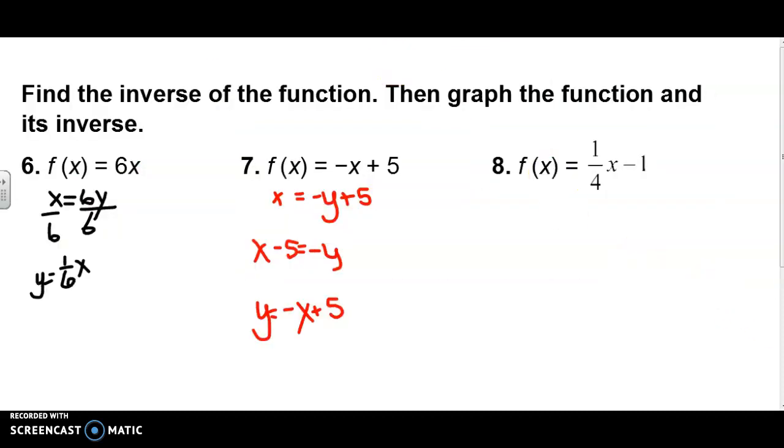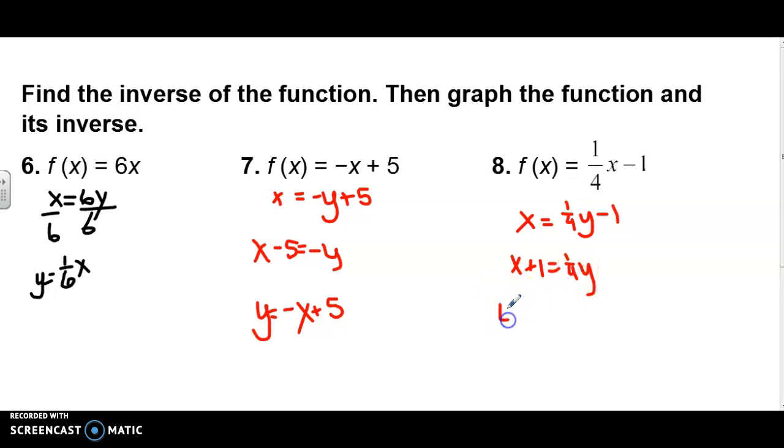So the last one here, again, I'm going to switch my x and my y to start off. Minus 1. So add 1 to both sides.